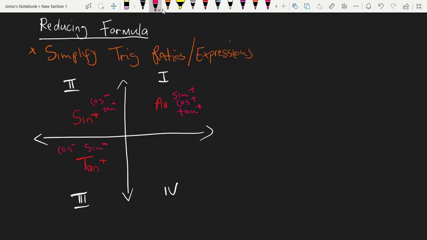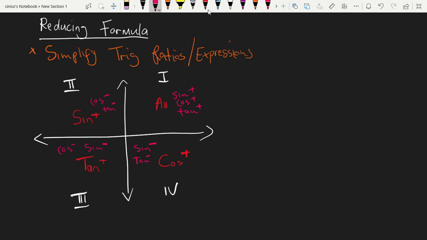Very important. And then the fourth quadrant, we have C for cos, meaning that in this fourth quadrant, cos is the one that is positive, and the rest of your trig ratios, your sine is negative, your tan is negative in this quadrant. So how will you know this?